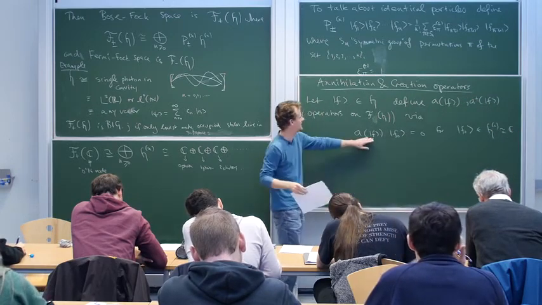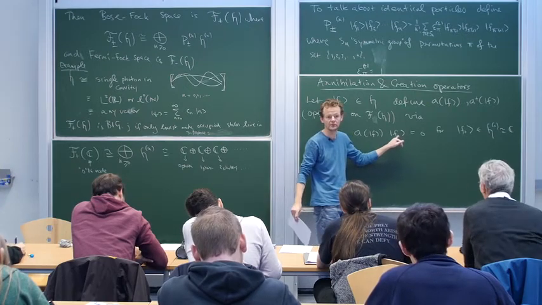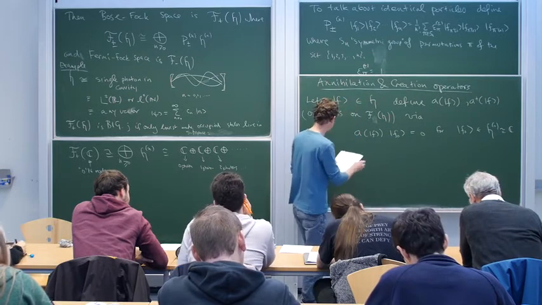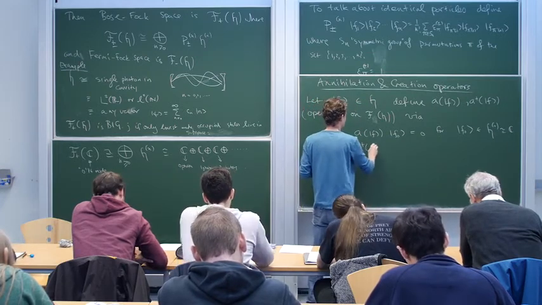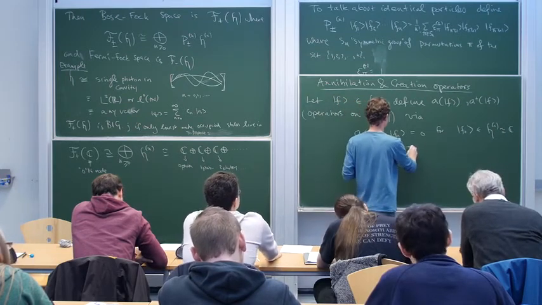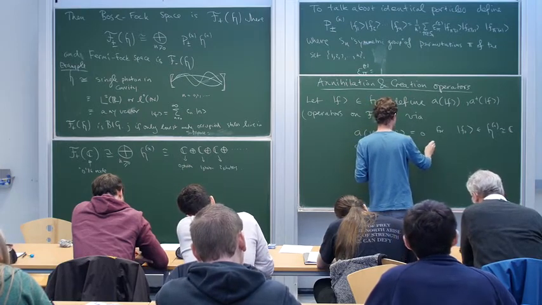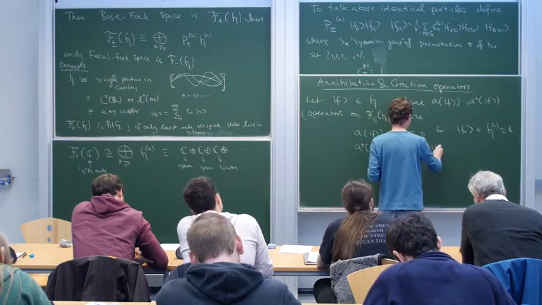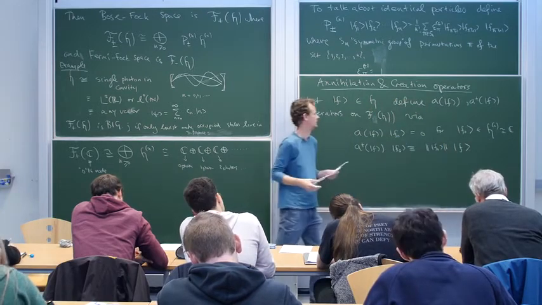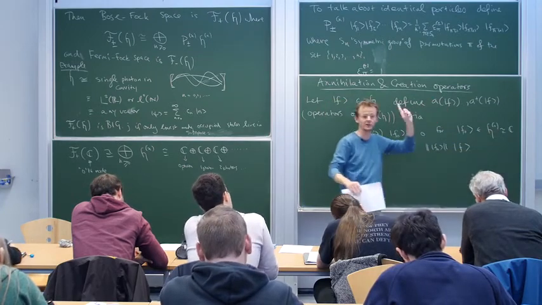All right, this operator A, if you apply it to a vector of the form just f naught, like this first element of the direct sum, then it's defined to be 0. Now remember, f naught is an element of the Hilbert space C, so it's just a number.